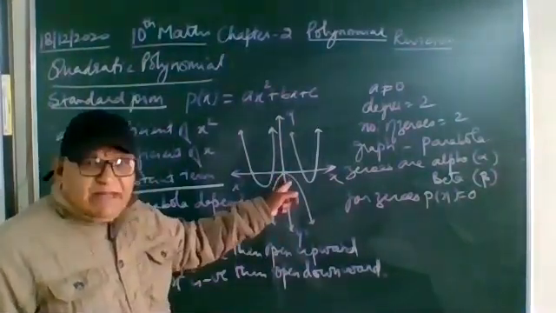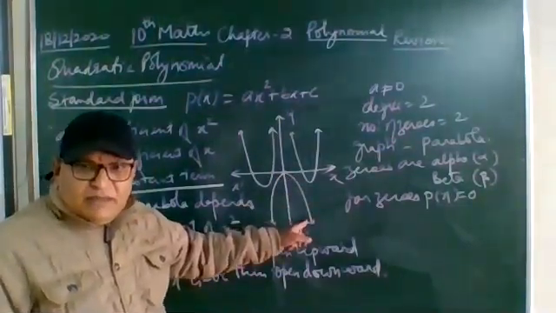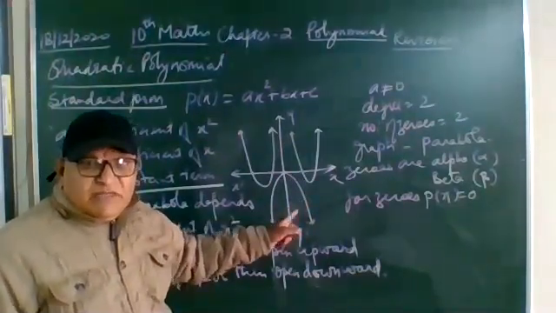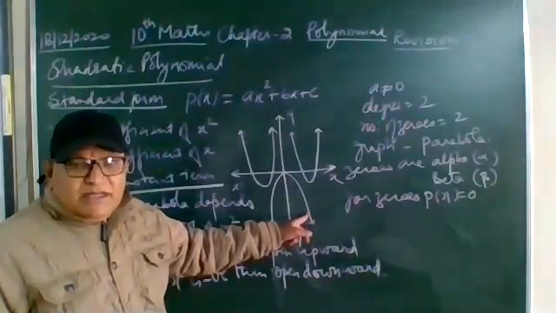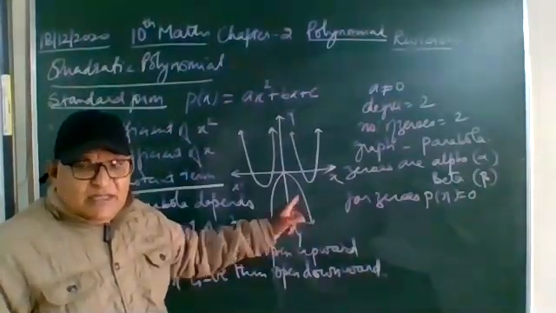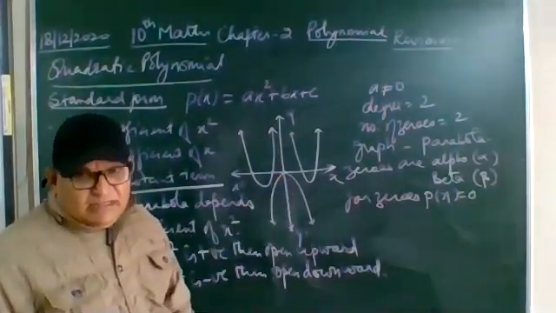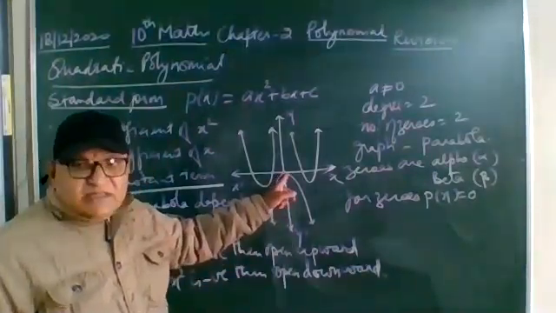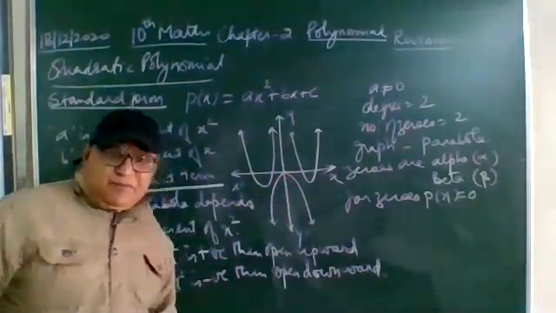If this parabola is opening downward, then the coefficient of x square is negative. But if I ask you the nature of the zeros, then you will say alpha and beta both are equal. That is very important. If it touches the x-axis at one point, then the zeros are equal.